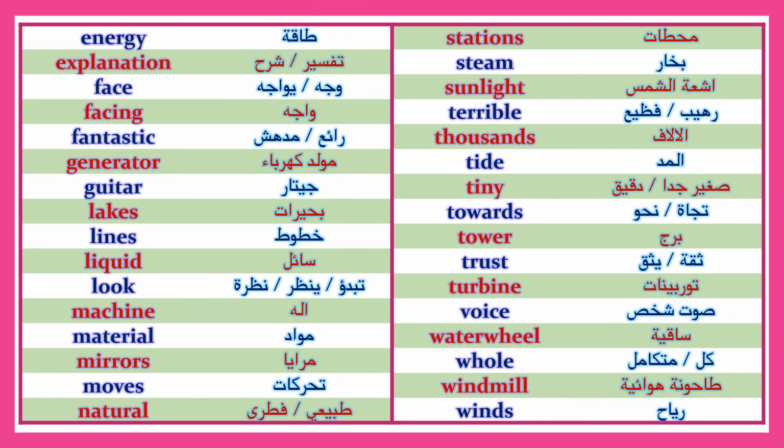Stations. Steam. Sunlight. Terrible. Thousands. Tide. Tiny. Towards. Tower. Trust. Turbine. Voice. Water wheel. Hole. Windmill. Winds.